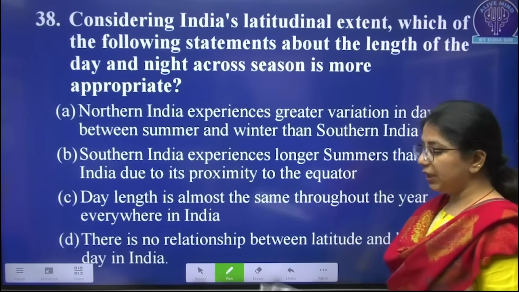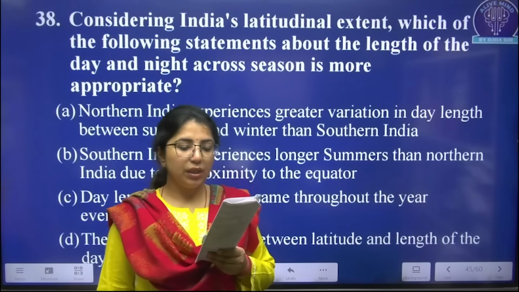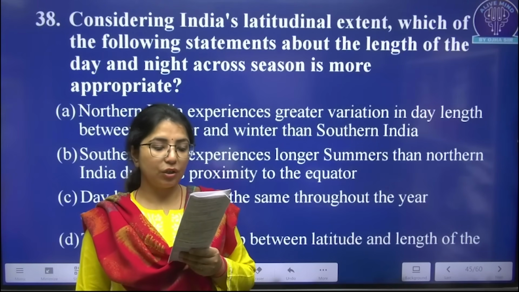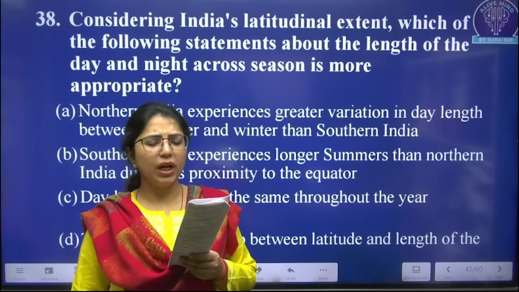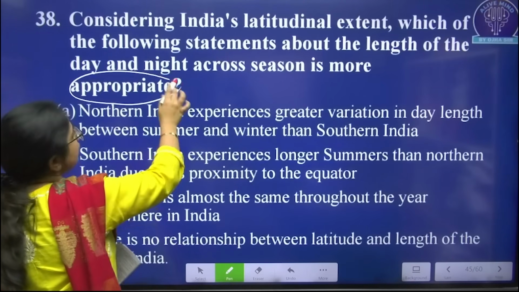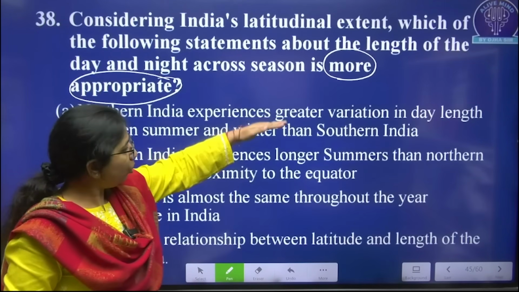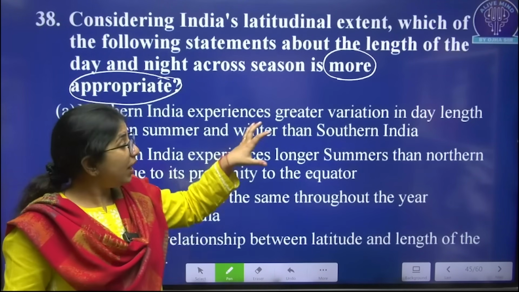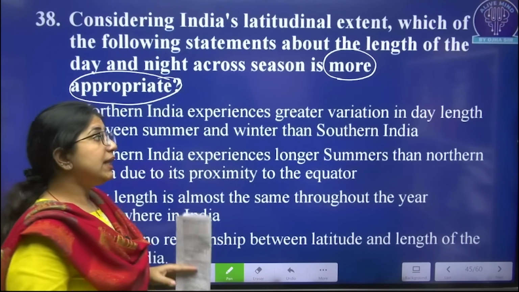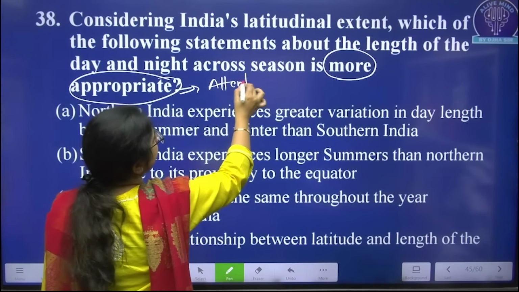Then is question number 38. Considering India's latitudinal extent, which of the following statements about the length of the day and night across seasons is more appropriate? Whenever they use such terms, which UPSC has started using, like more appropriate, that means all the 4 given options are correct, but out of these 4, which option is more appropriate? In these types of questions, keep yourself very, very attentive.